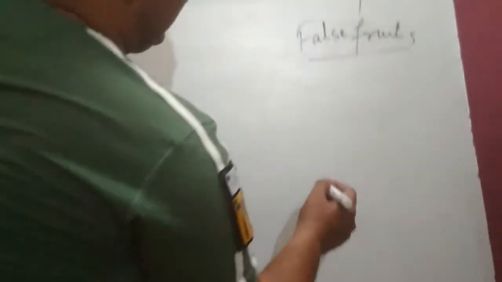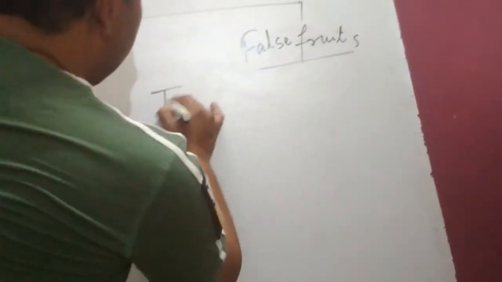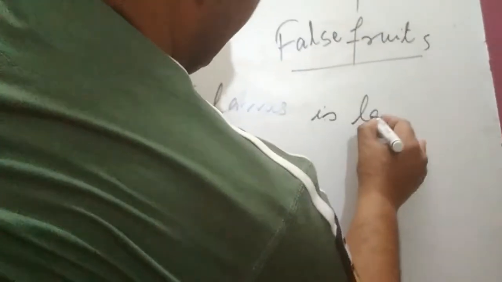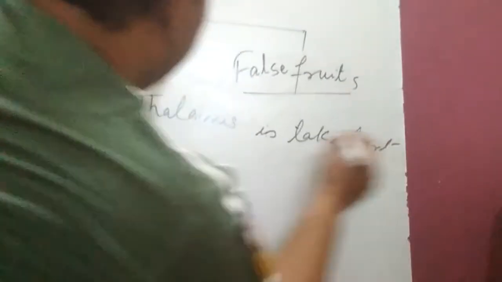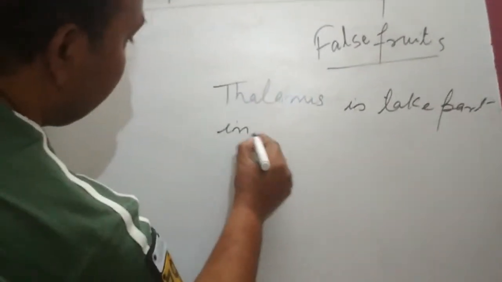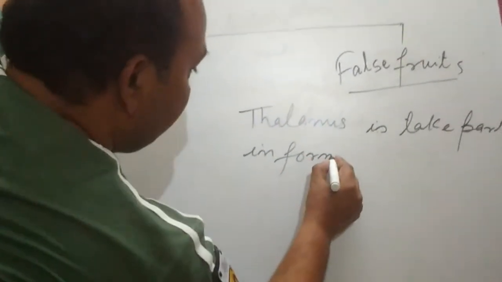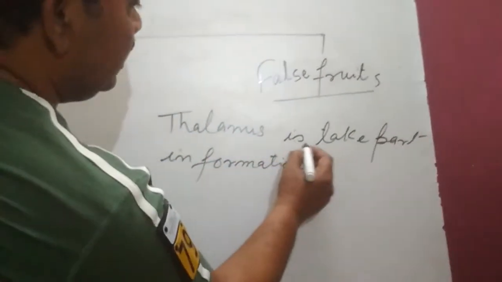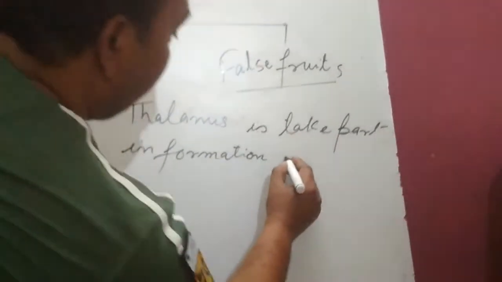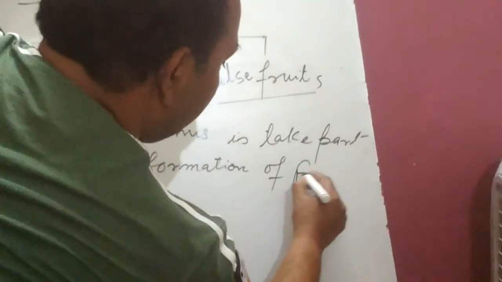but the thalamus takes part in the formation of fruit.